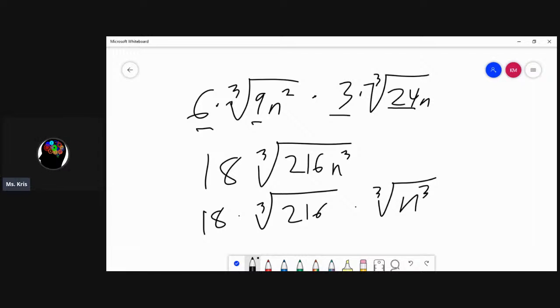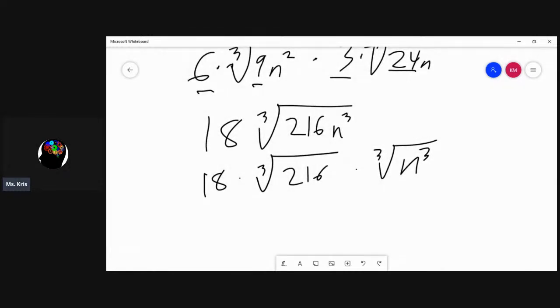So now the 18 you bring down, and you take the cube root of 216, which is 6, because 6 times 6 is 36. 36 times 6 is 216.